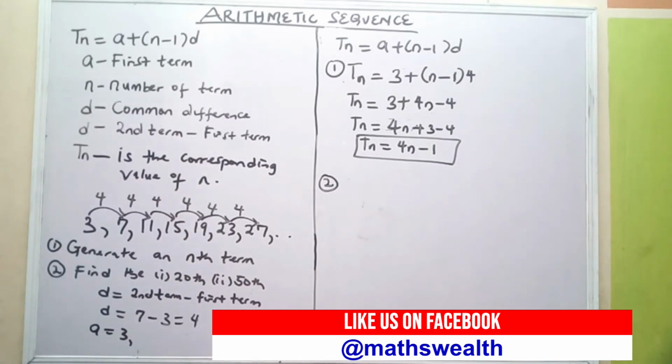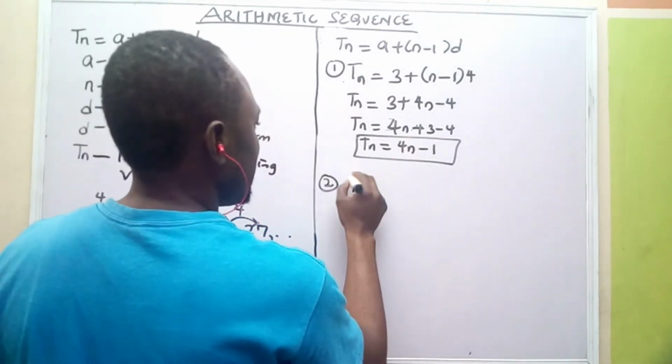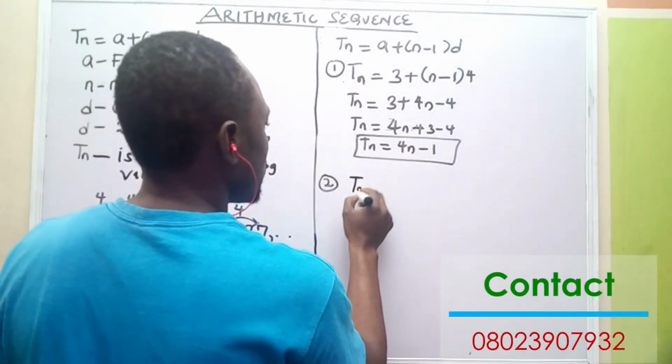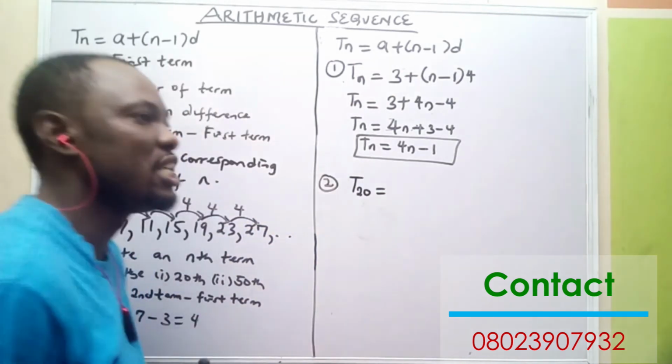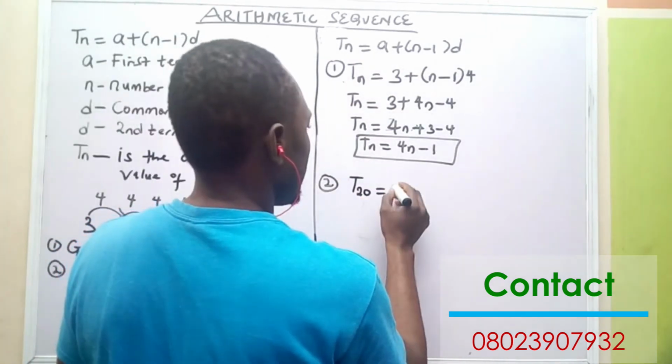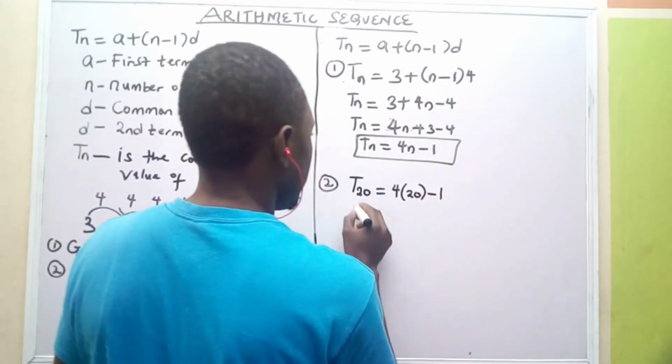Now, in order to find the 20th term of the sequence, I can use this formula. So T20 means when the term number is 20, what is the value? Now, I'm going to plug in 4 bracket 20 minus 1.